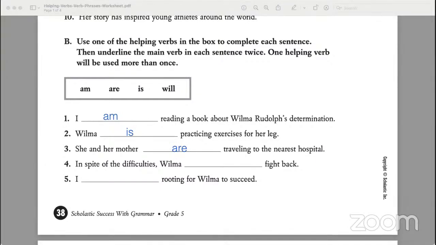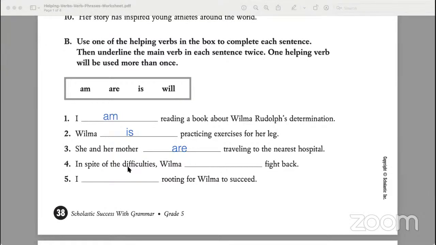Number 4. Can I have a student to share their answer for number 4? In spite of difficulties, Wilma will fight back. In spite of the difficulties. So can you say this word again? Difficulties.